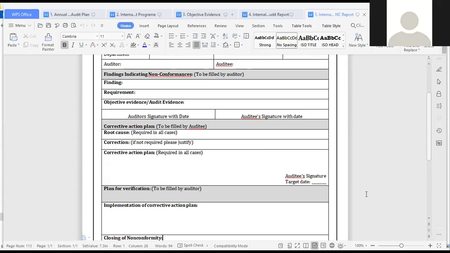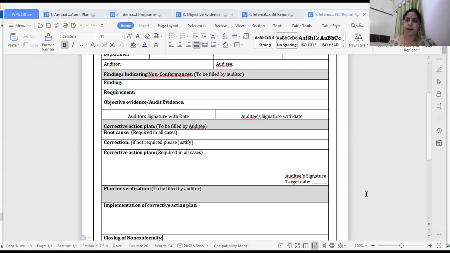So the auditee has to give the corrective action plan with the target date. The target date will be fixed by the auditee, like after a month, or after 15 days, or after 2 months, I'm going to do this.